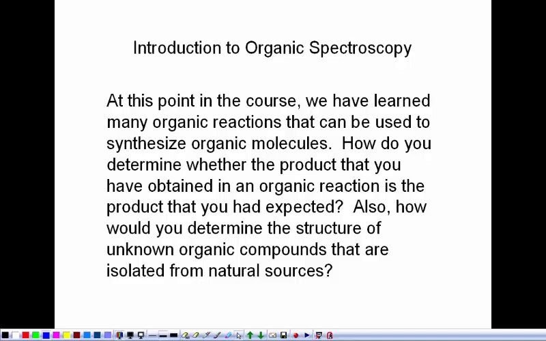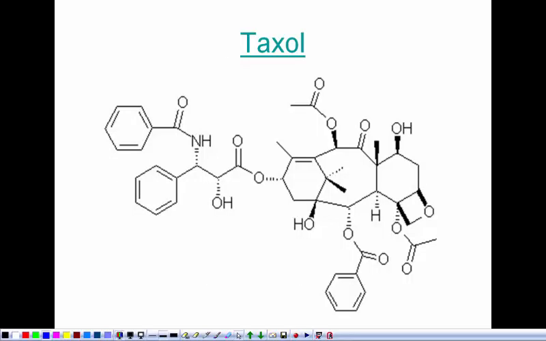On the other hand, you could go to a tree bark or some sea urchin or a coral and find a unique molecule whose structure you need to know because it has some anti-tumor, anti-cancer, anti-AIDS activity. So how do we determine the structures of those types of molecules? Here's a perfect example, Taxol. When I first started here 15 years ago, Taxol was just starting clinical trials for ovarian cancer.